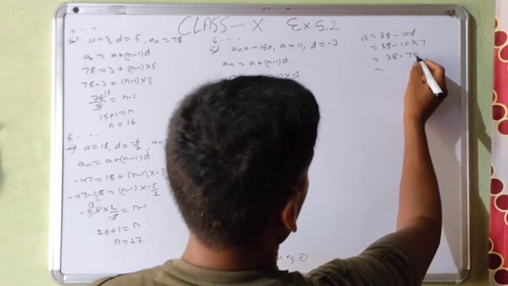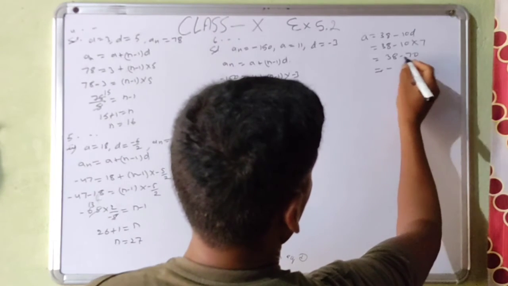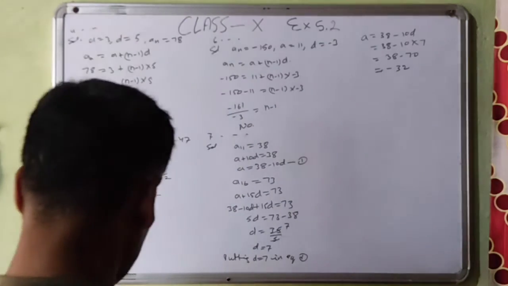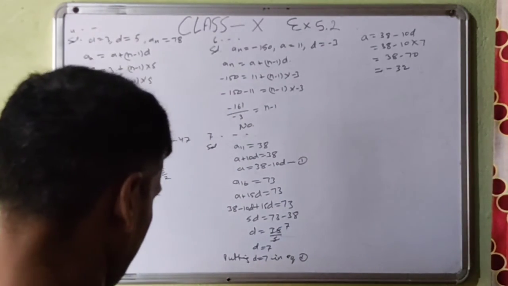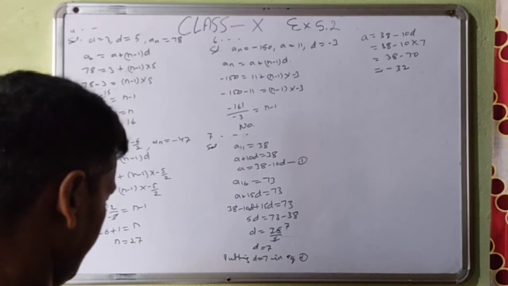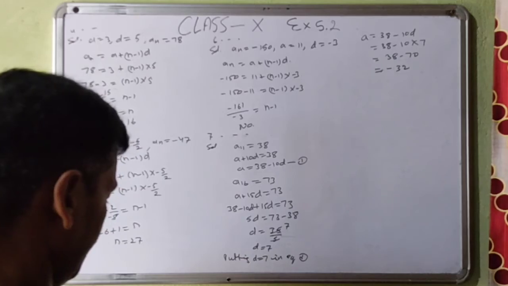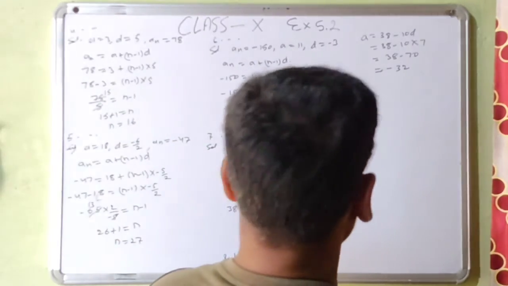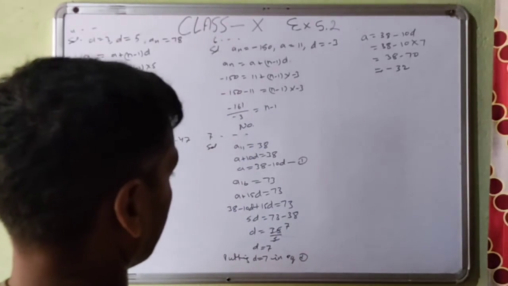So A is equal to minus 32, sorry, A is equal to minus 32.